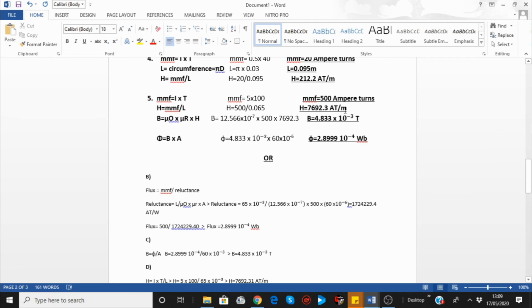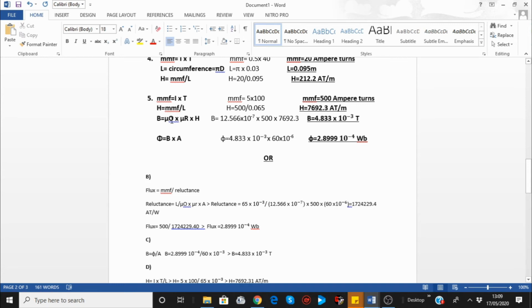And then from that we know the formula: B over H is mu 0 times mu r, or you could say B equals mu 0 times mu r times H, which is the density basically.